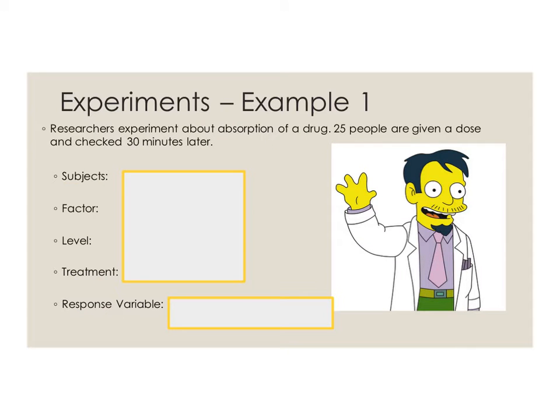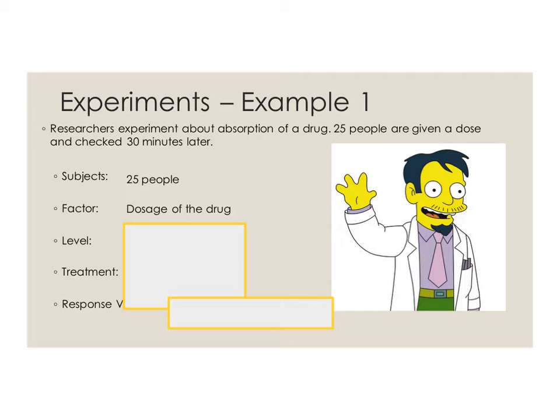So here's our first example today. We have researchers, they experiment about absorption of a drug. 25 people are given a dose and checked 30 minutes later. Well, you might ask yourself, what are our subjects? Well, our subjects are the 25 people. It's who we gave the dose to. The factor is the dosage of the drug, right?